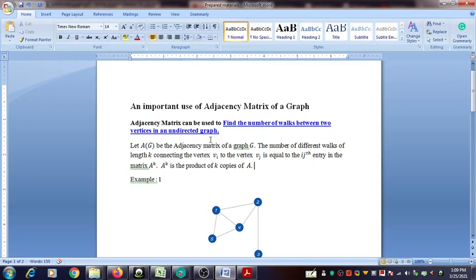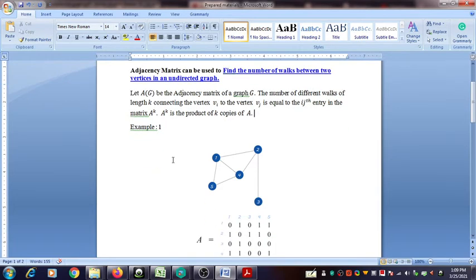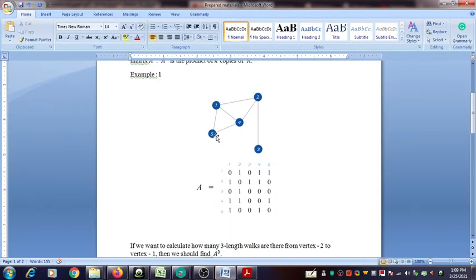Let's consider this example, Example 1. In this example, we are considering a graph that contains 5 vertices, labeled using the numbers 1, 2, 3, 4 and 5.